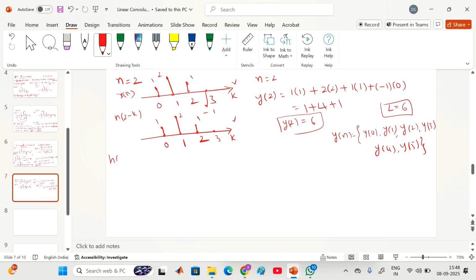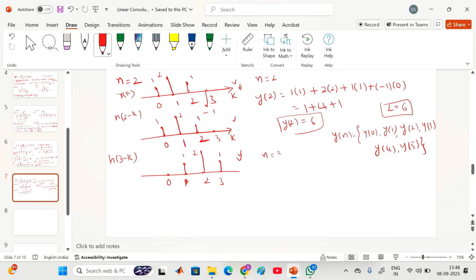Now again for n is equal to 3, we have to shift the sequence h of minus k. So if I shift the sequence, then I will get the values from 1 to 3: 1, 2, 1. Now again multiply this with this input.